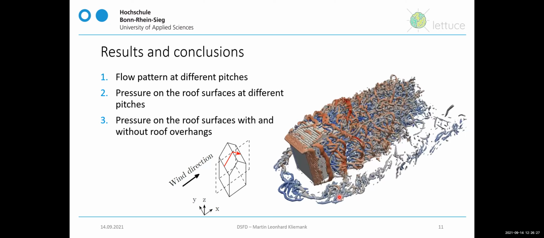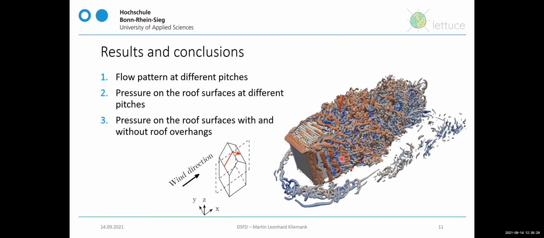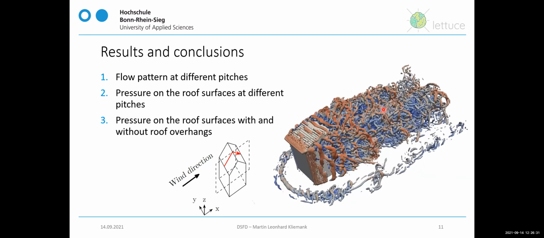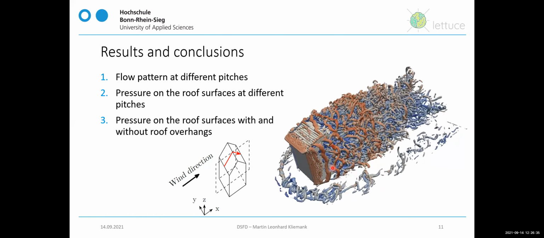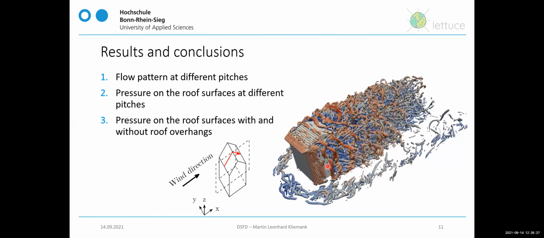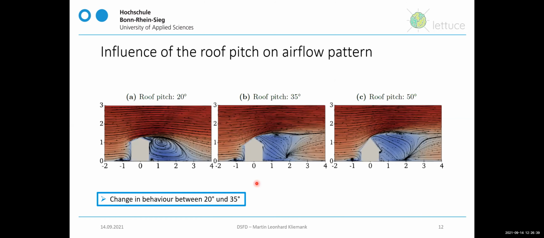So here we have the so-called horseshoe vortex, and then we have all the vortices that form behind the house, visualized by the Q criterion and colored by velocity. And then the influence of the roof pitch on the airflow pattern. Here is, of course, the horseshoe vortex again, which is very much the same for all of them.